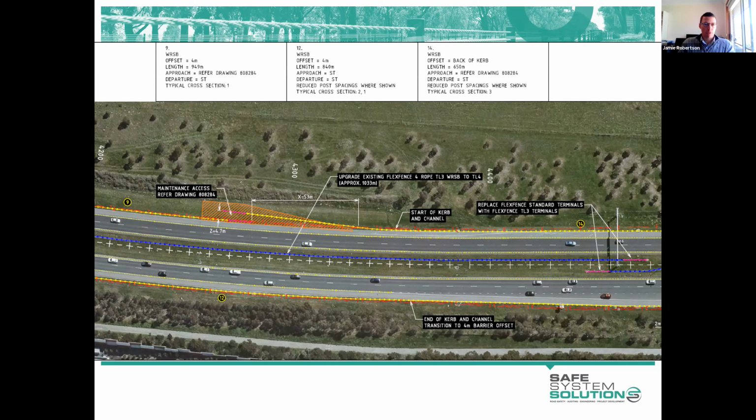What barrier offset do you adopt, and what system do you go with? Beyond that, there's relatively few decisions as compared to a retrofit, where you're concerned about how long does it need to be, achieving deflection to the hazards that are closest to the road, and these types of things.